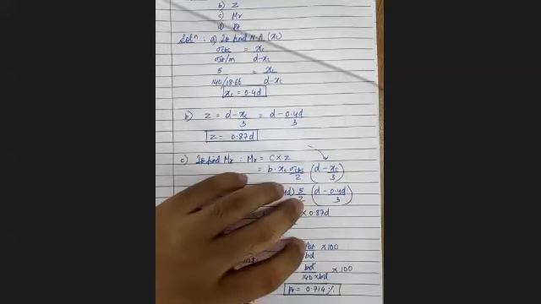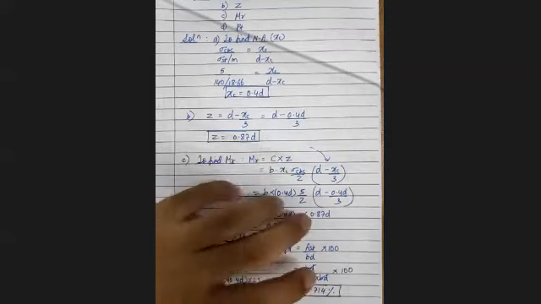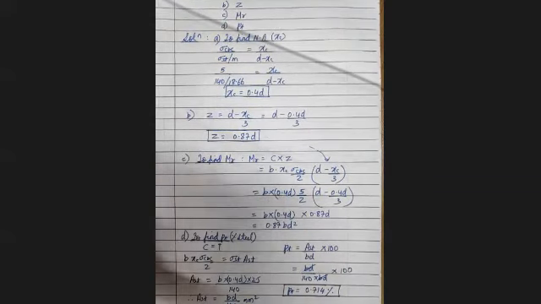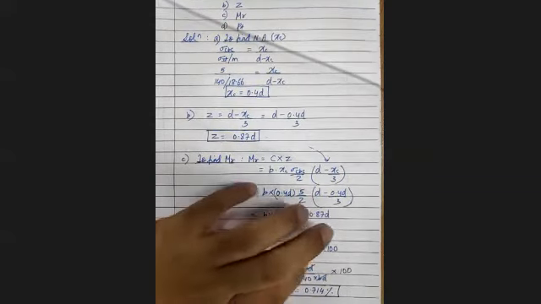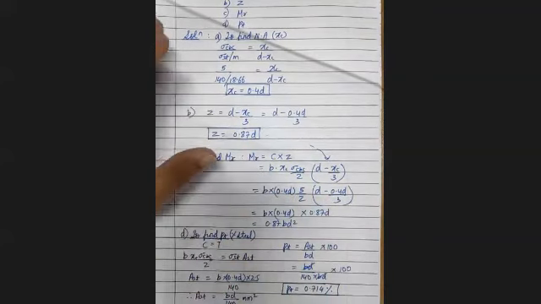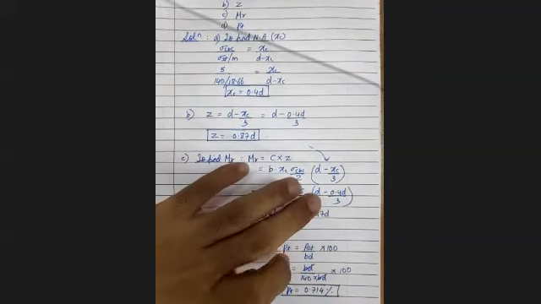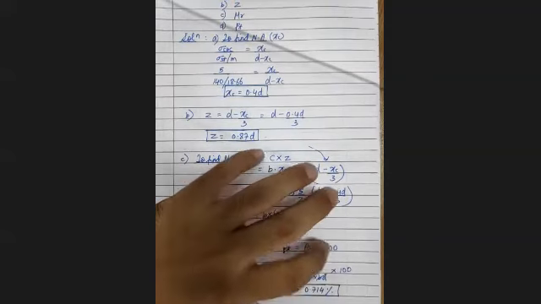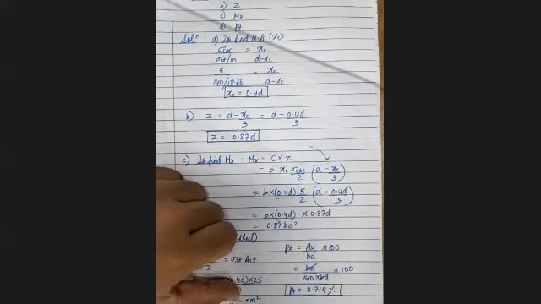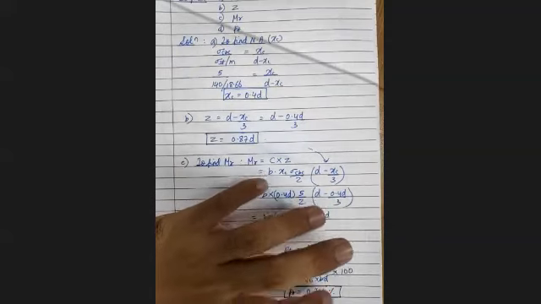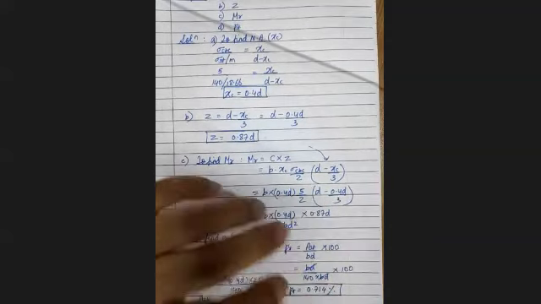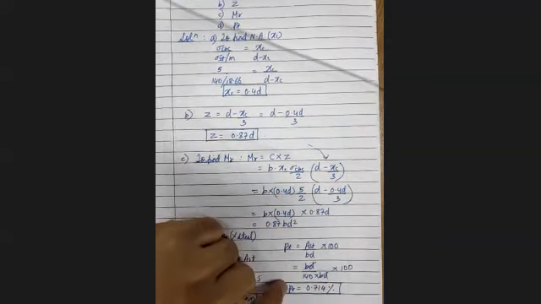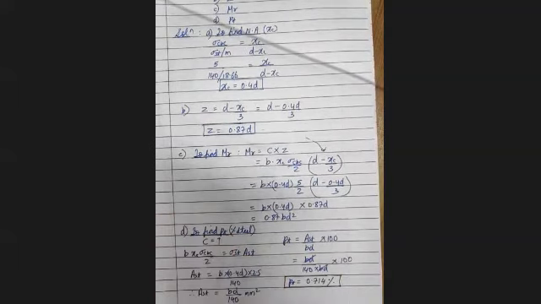Similarly, AST, what we have found out, upon the total cross section of the section, that is B into D. So remember, in design, we always take the effective depth to find out the percentage of steel. We don't take the overall depth into 100. So AST is nothing but BD upon 140. So this BD cancels. So this is the value of PT. I hope that is clear, Danish.